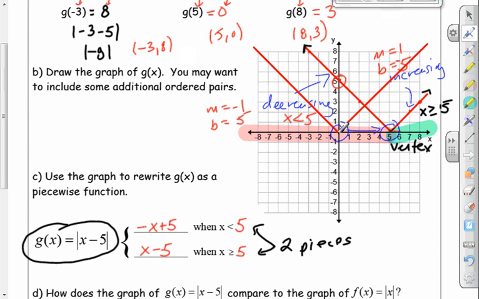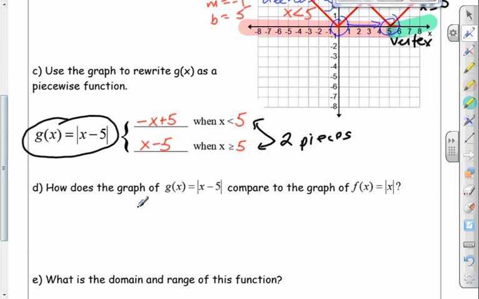So it appears as if the vertex has simply been slid over to the right 5 units. And since the vertex moved 5 units, that means all the points on the graph moved 5 units. Now this type of transformation you learned in 7x is called a translation. The graph was translated 5 units to the right.